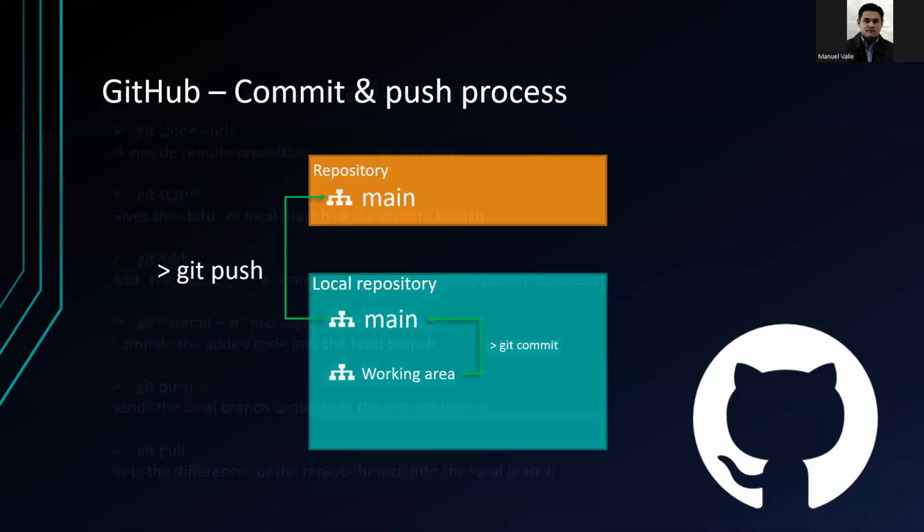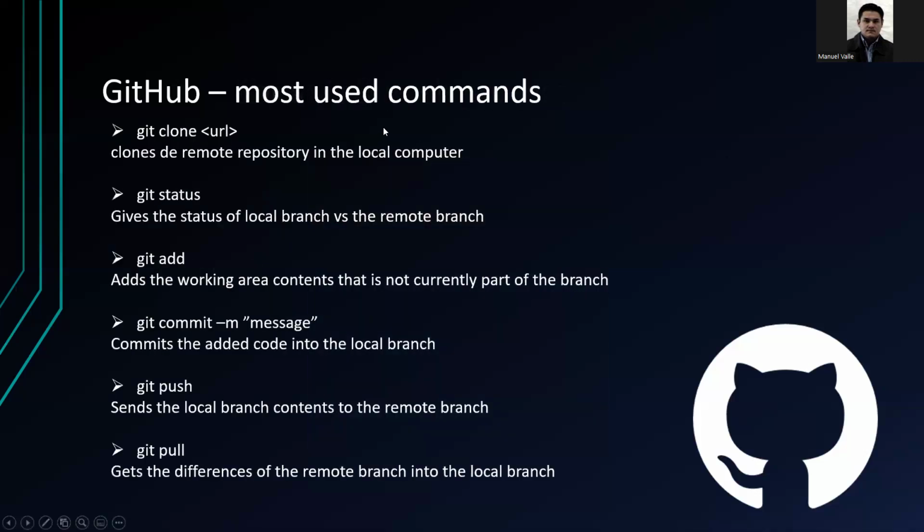And then let me explain to you a little bit about the commands. So the first one we saw is the git clone, which clones the remote repository in the local computer. Git status is one that I was mentioning before. It gives the status of the local branch versus the remote branch.